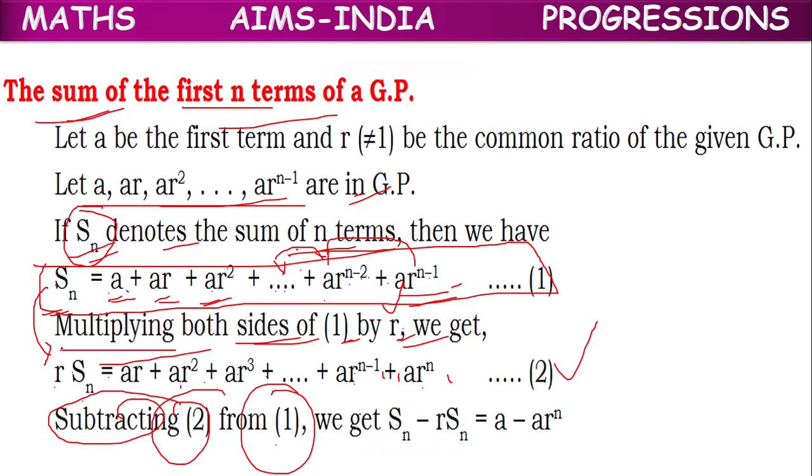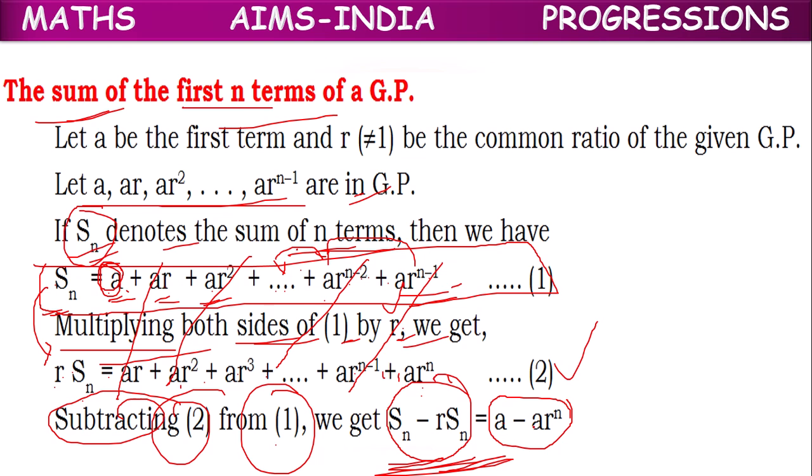Now, if we subtract second equation from first equation, so Sn minus R Sn, if we do it, here A will remain, AR cancel, AR square cancel, AR power n minus 2 cancel, AR power n minus 1 cancel. What will remain? Only A will remain, minus AR power n will remain. So Sn minus R Sn equal to A minus AR power n.